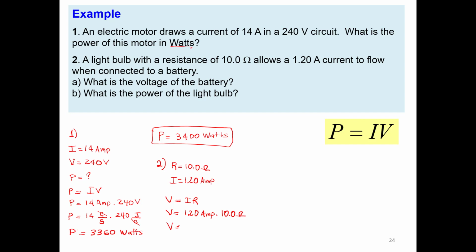Then we had 1.2 amp times 10 ohm. But we know ohm is voltage over ampere. Yes, this is the definition of ohm. And these two cancel out, and we had the answer in volt, that is the unit we expect. Then the voltage will be 12.0 volts.